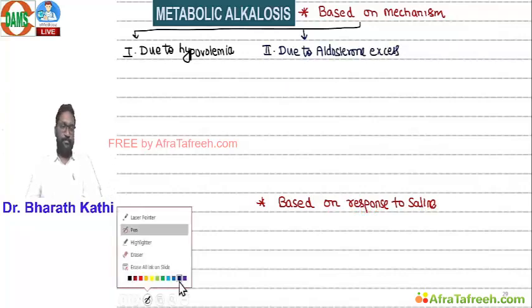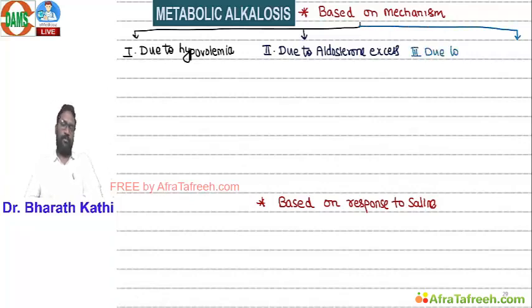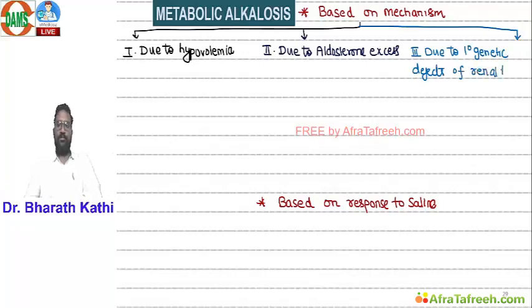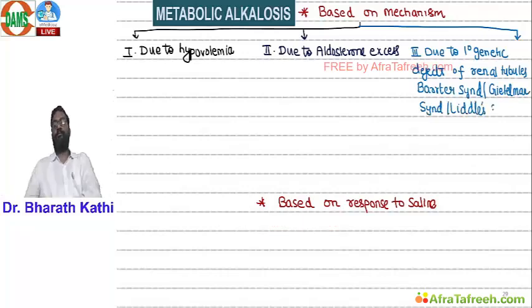Category 3, metabolic alkalosis due to some primary genetic defects of renal tubules, such as Bartter syndrome, Gitelman syndrome, Liddle syndrome.